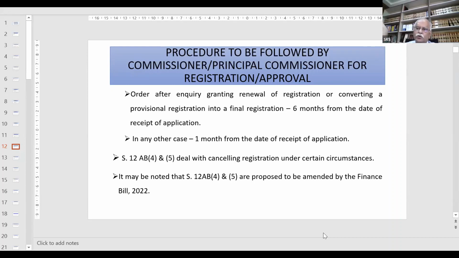If after 1/4/2021, before 1st April 2022, any proceedings have been initiated for cancellation, and if those proceedings are pending, how they have to be dealt with after the Finance Bill 2022 becomes an act. That I have not discussed in the slide, but we will discuss it separately. Next one.